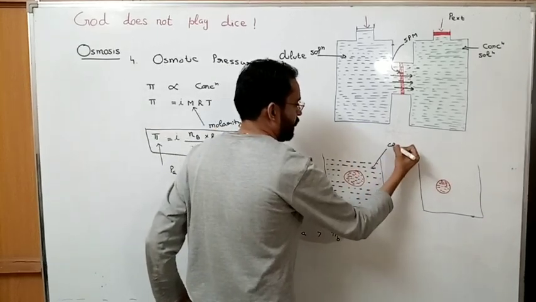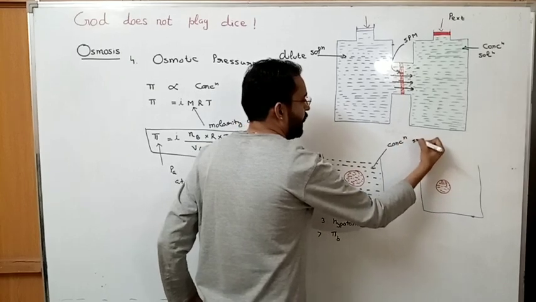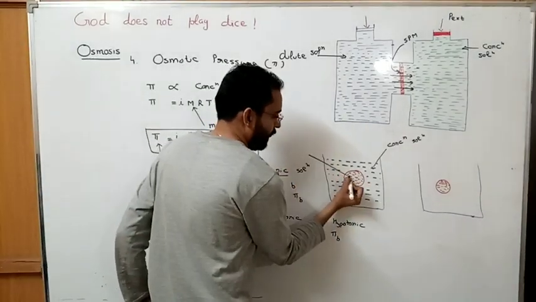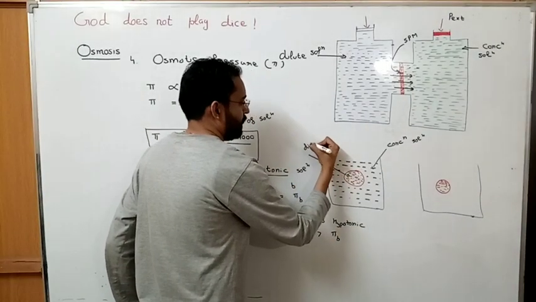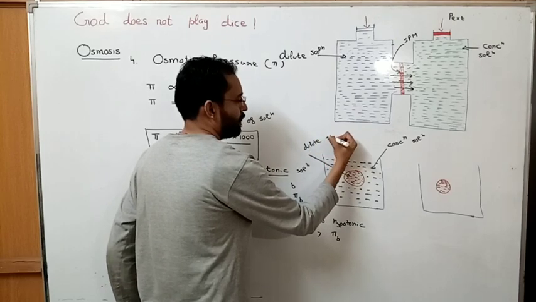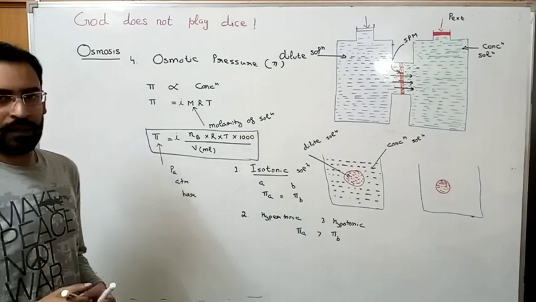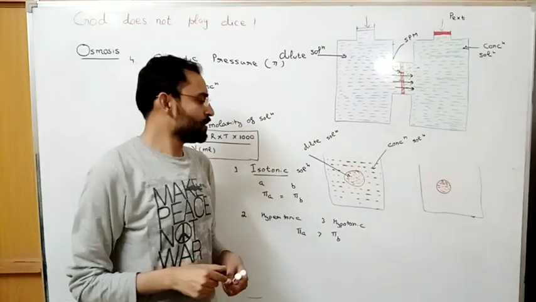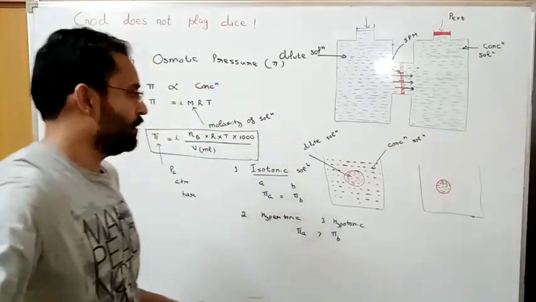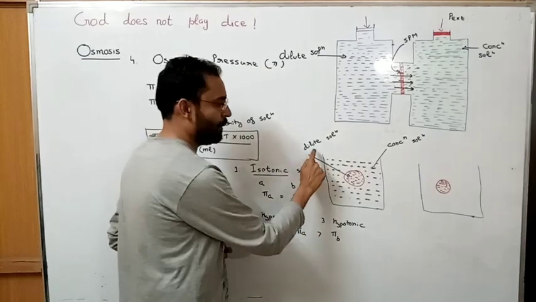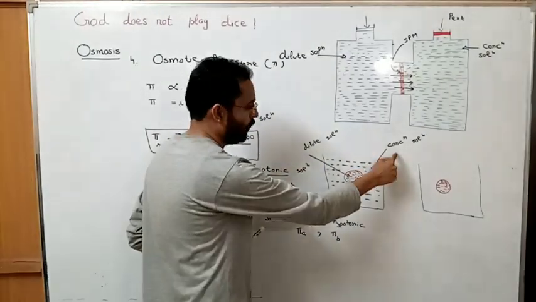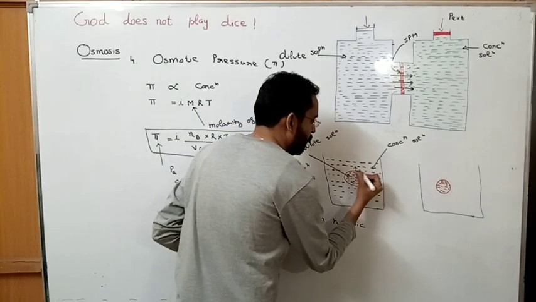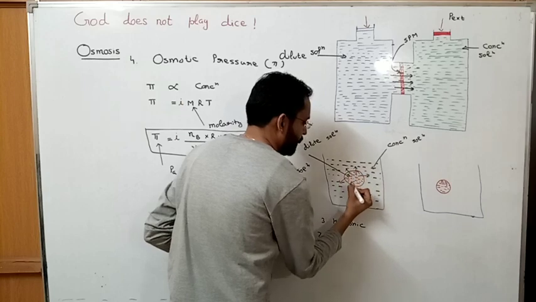This resin is placed in a concentrated solution. Inside this, it's a dilute solution. According to the concept of osmosis, solvent will flow from a dilute solution into concentrated solution. Outward movement of water will take place.